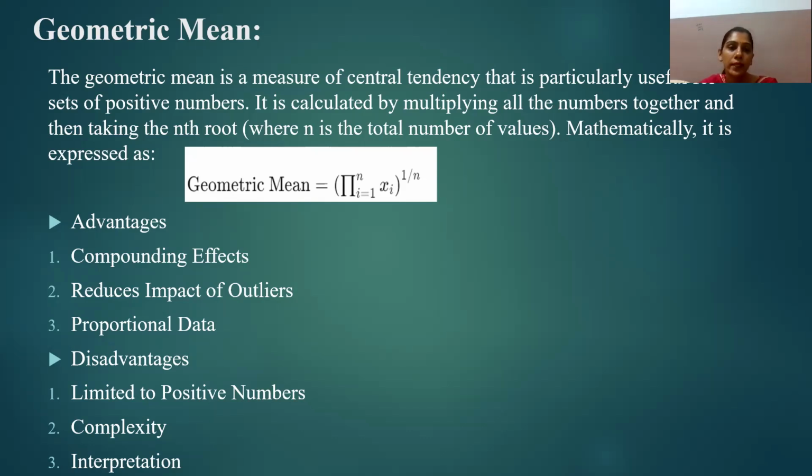Now, how is the geometric mean helpful in calculating investment return? The geometric mean is also applicable to investment return.